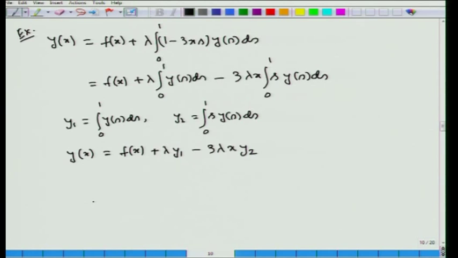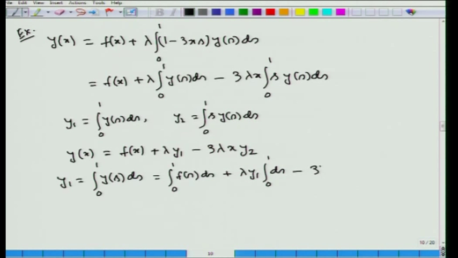Now, in this expression, y1 is equal to integral 0 to 1 y(s) ds. Substituting this expression for y(s), we find this is equal to integral 0 to 1 f(s) ds plus lambda y1 integral 0 to 1 ds minus 3 lambda y2 integral 0 to 1 s ds.